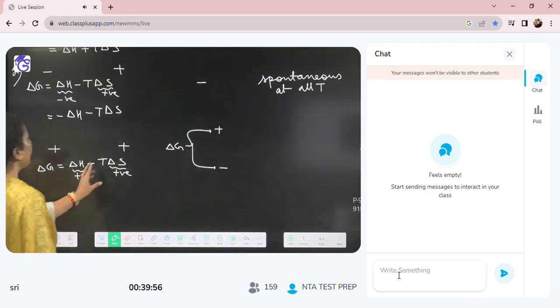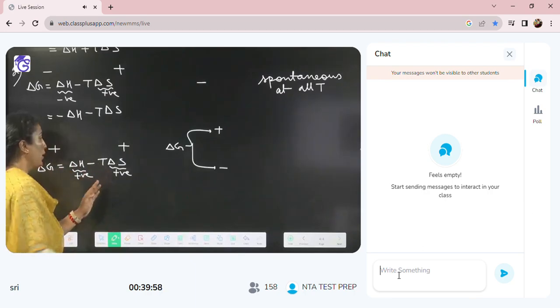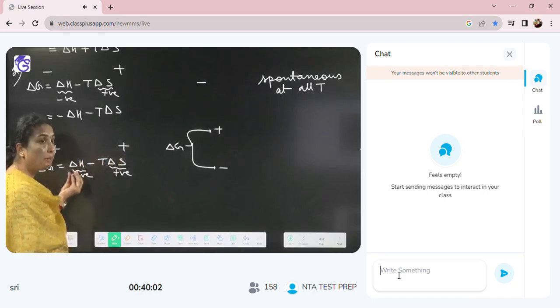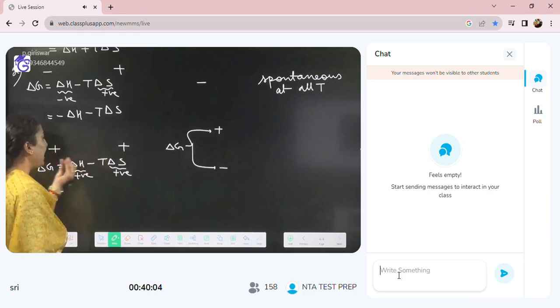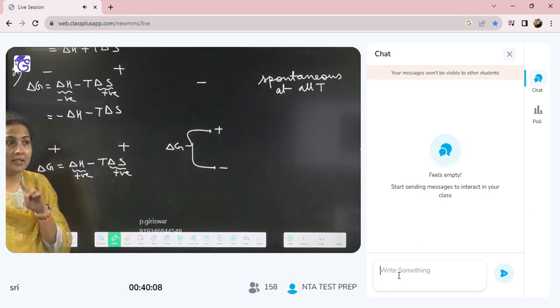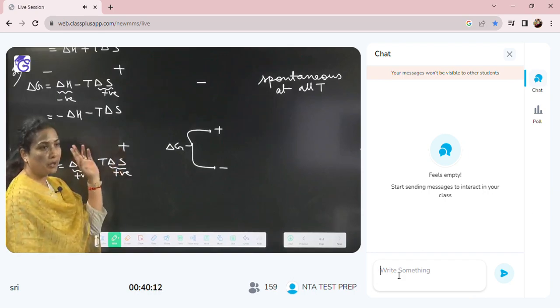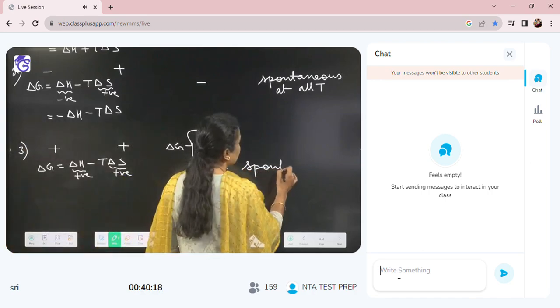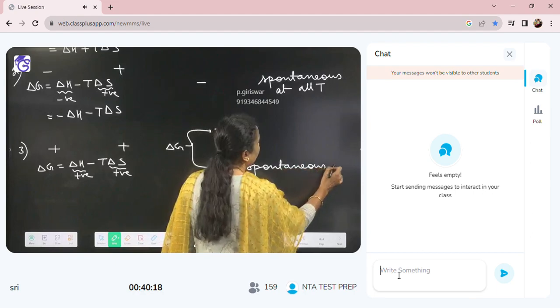Now if I take higher temperature, then the T delta S product will be more in comparison to delta H. So the entire delta G will become negative. Delta G negative means it is spontaneous, but at higher temperature. Getting it? So I'll write this as spontaneous at high temperature.